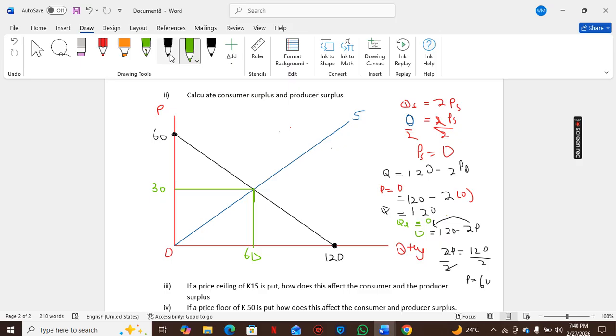So we can now see this region which I'm painting in orange, this is consumer surplus. Then the triangle in white there is the producer surplus.